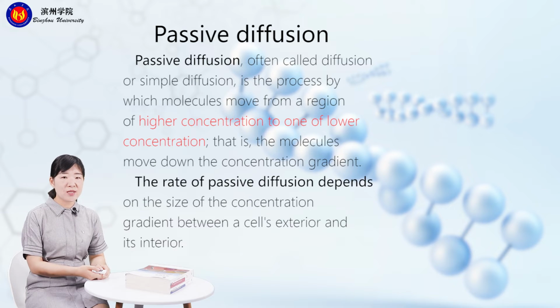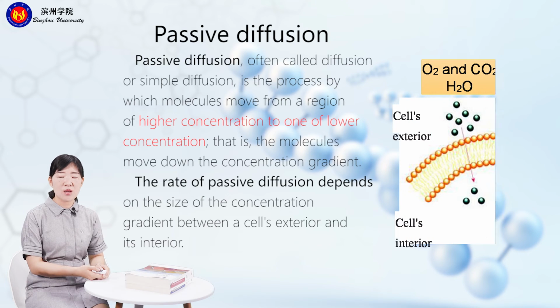The rate of passive diffusion depends on the size of the concentration gradient between a cell's exterior and its interior. Look at the picture on the right. Substances such as oxygen, carbon dioxide, and water can be transferred into the cell through passive diffusion.